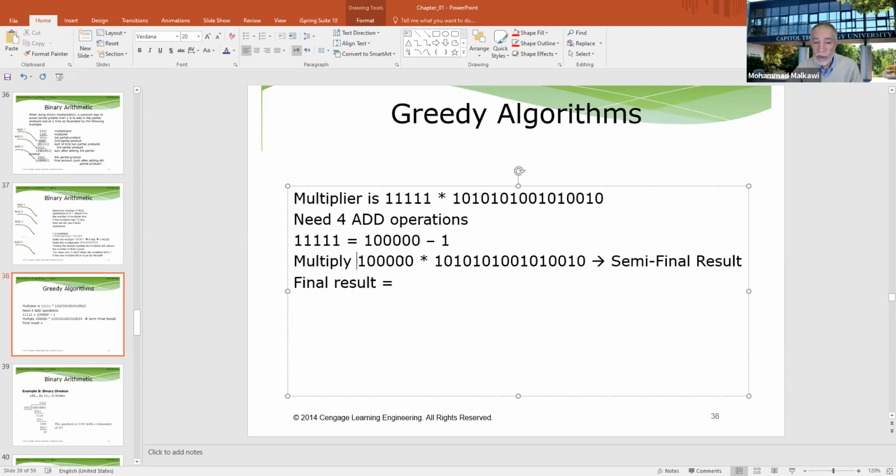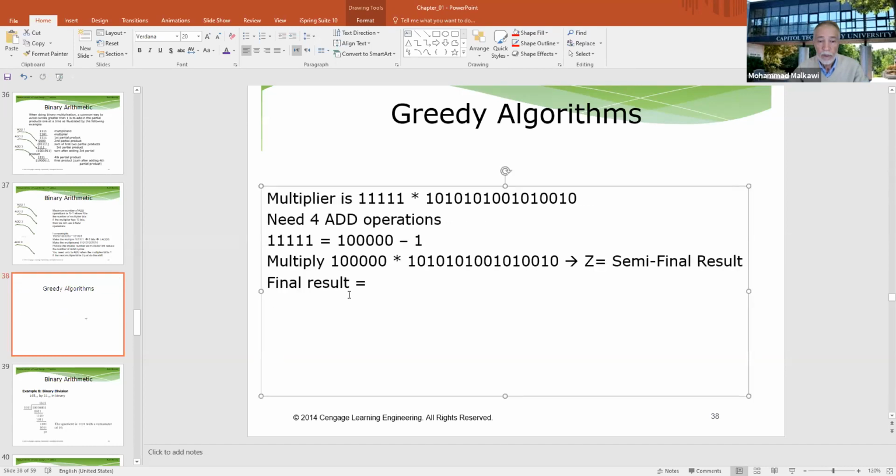Actually, it's shifted to the left 5 times. That's what it is. Let's say this is z, then my final result will be z minus 1.